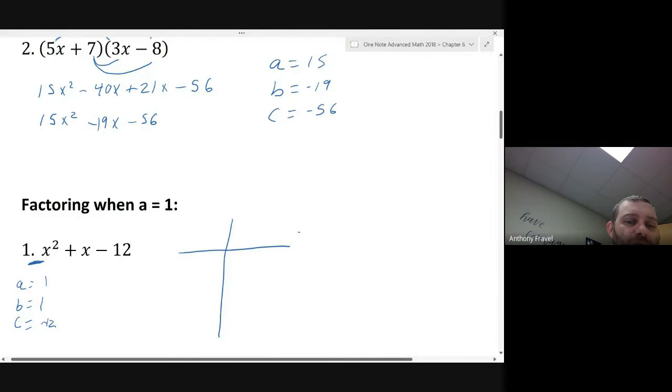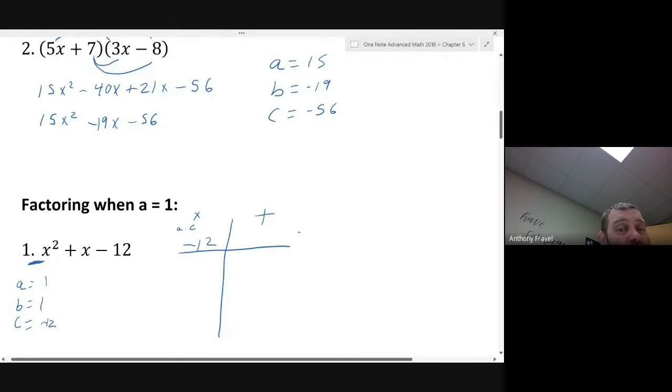All right, so when I make this little chart, the way I put it is I put a little multiplication sign on top over here, and then I put an addition sign over here. On this side, the one on the left, we need to find the value of A times C. I'm going to write it up here. A times C. So for this one, we've got negative 12.